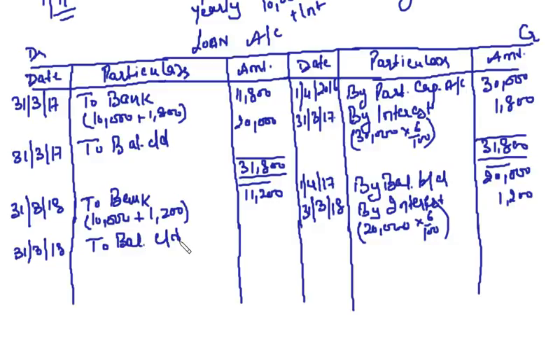What will be the balance? Can you tell me? Out of this 20,000, 10,000 is paid as installment, right? On that, there was interest of 1,200, which is fully paid. So what is the balance left? 10,000. Right? So this comes to 21,200. Clear, friends?